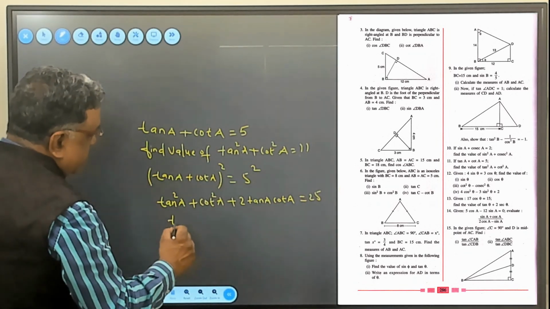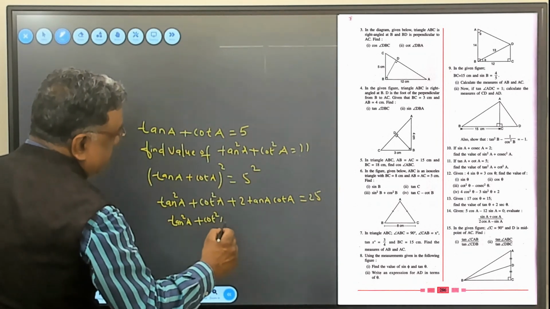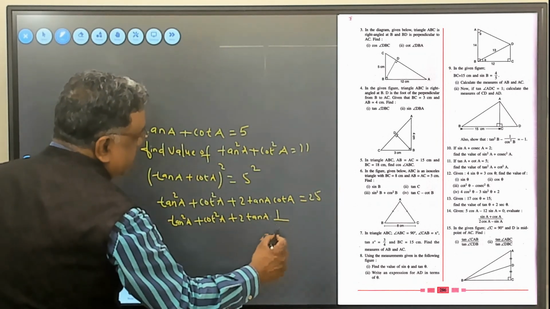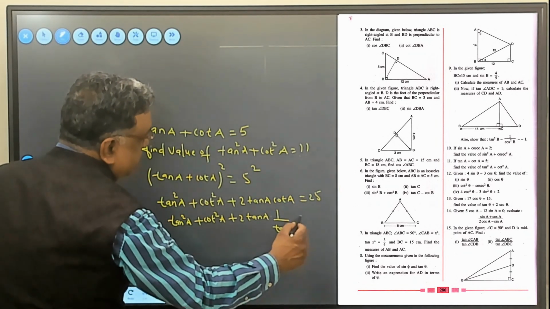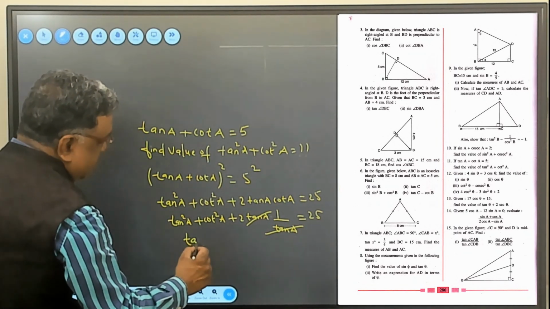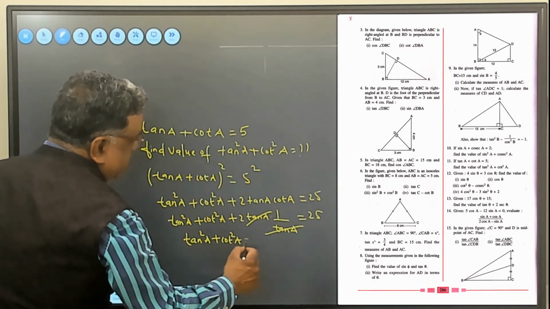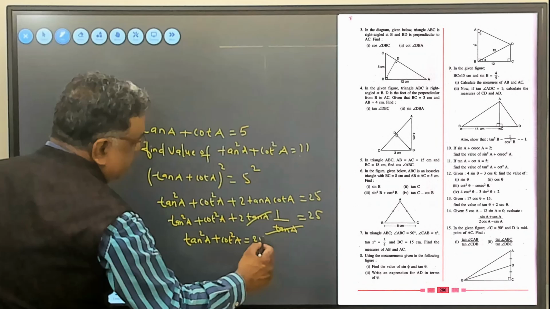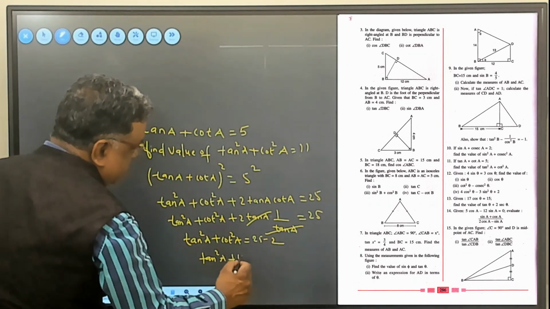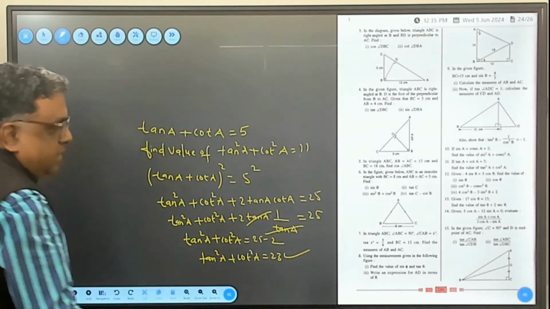Can I write cot A as 1 upon tan A because it is the reciprocal of tan A? This will get cancelled. So tan square A plus cot square A, taking 2 to that side, is 25 minus 2. So tan square A plus cot square A is 23. Understood?